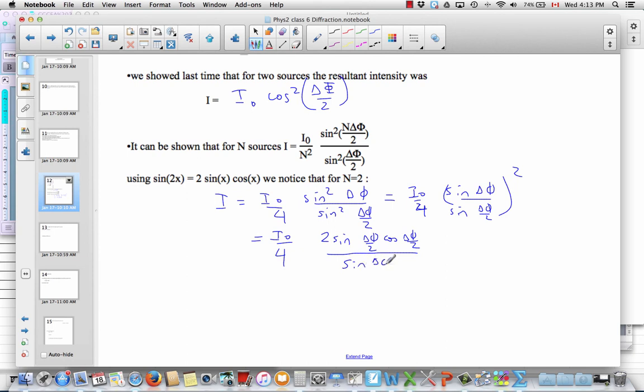We notice that the sine delta phi over 2 term is going to cancel, and when I square the 2, so will the 4. And so then I'm going to arrive back at I naught. The only term that survives is cos squared delta phi over 2, which, as claimed, reduces to the previous. So at least this makes sense for n equals 2, and really it's just as we showed, you're just going to add up n phasors to arrive at this relationship.